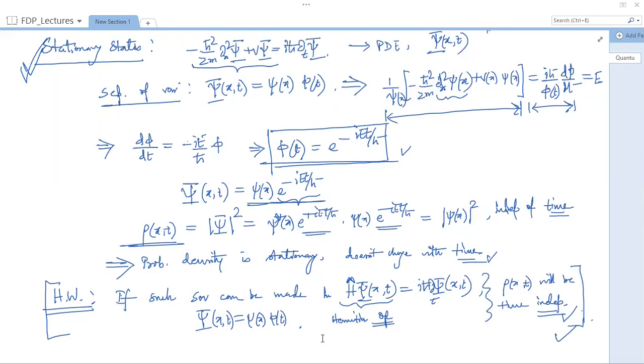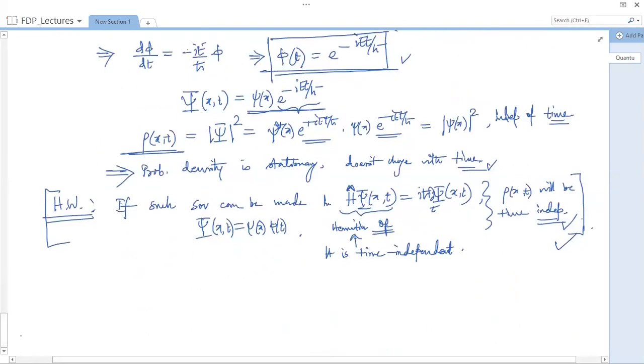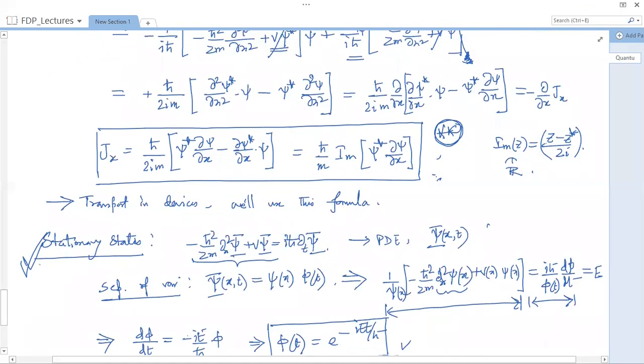Okay, no. Separation of variable, and also the Hamiltonian should be time independent. Your Hamiltonian should be time independent, because if your H is time dependent, then we will have time dependent perturbation theory, and then there will be transitions from one state to another. Because if H is time dependent, then you have a function of time here, right?